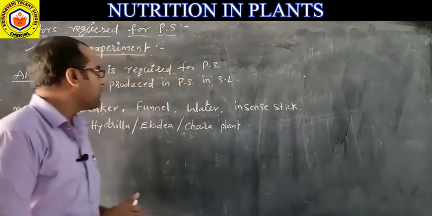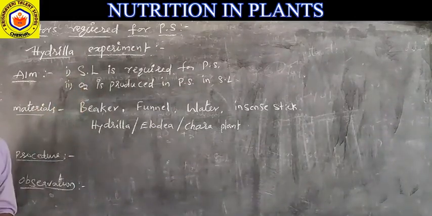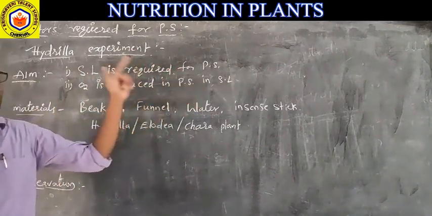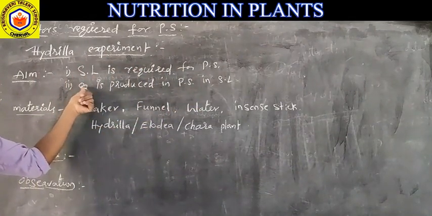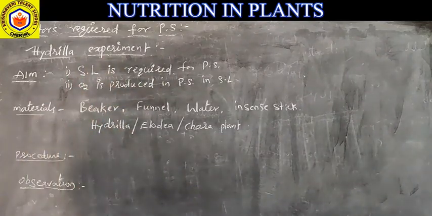So what is the aim of this activity? To prove sunlight is necessary for photosynthesis, and at the same time to prove that oxygen is produced in photosynthesis in presence of sunlight.